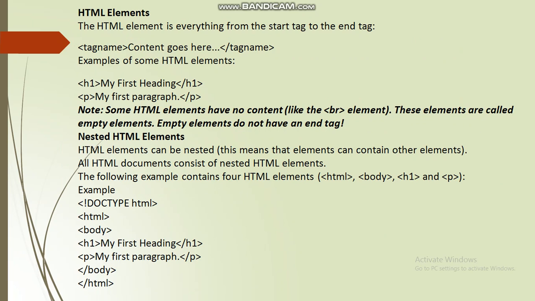For the time being, let me tell you how we write the tag name and inside that how we put the content. For example, here it was written H1, my first heading. So H1 is an HTML tag used for specifying heading labels.